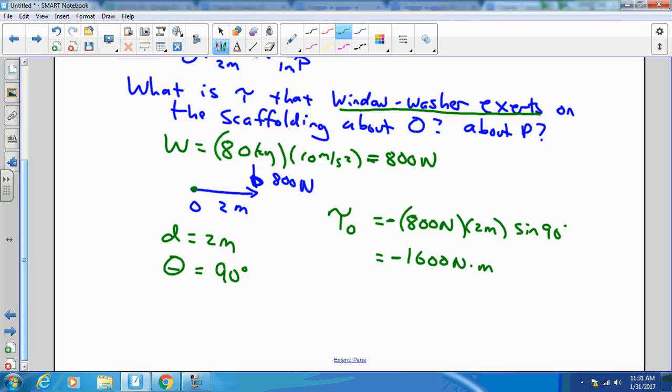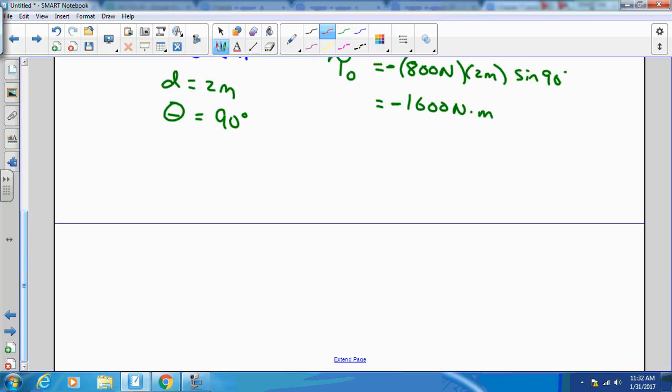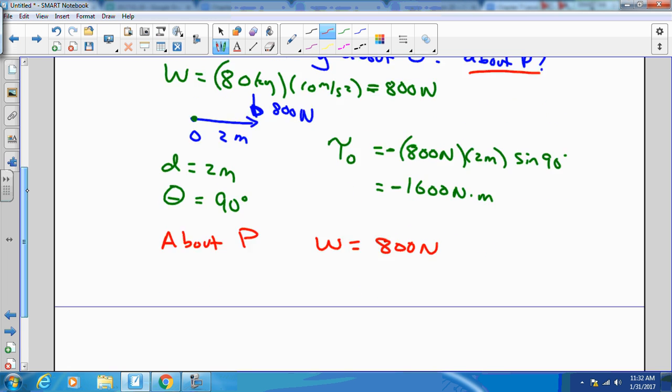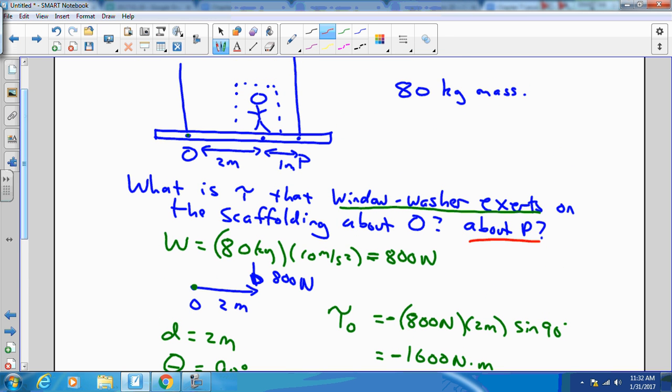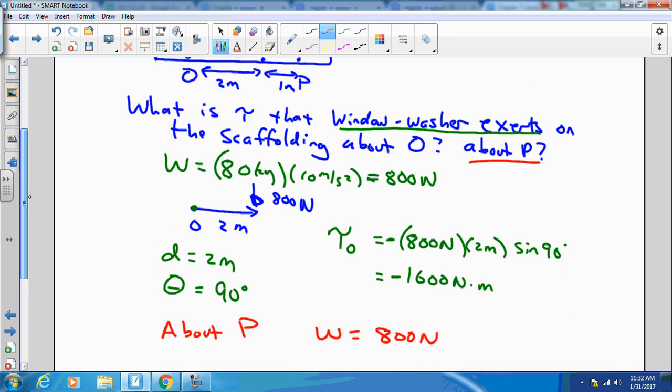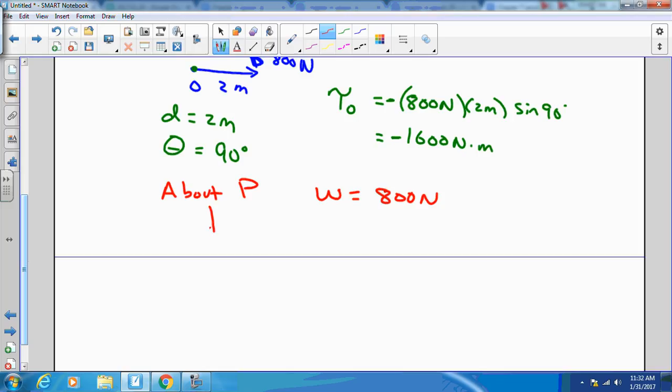So let's come back and answer the second question. What is the torque about P? Well, the weight of our man has not changed, unless he's been eating lots of snacks between when we solved the first problem. The weight is still 800 newtons. But now, here comes my 800 Newton force.